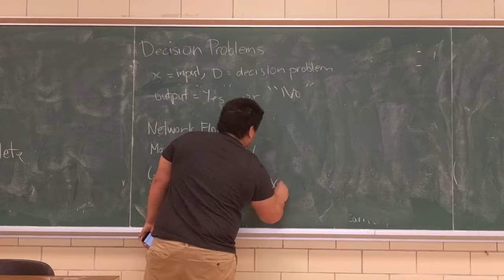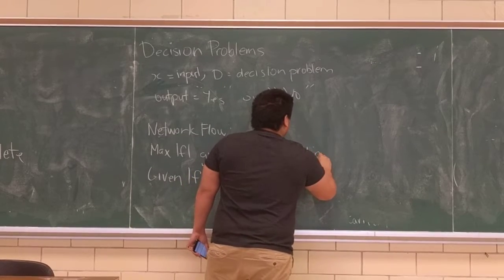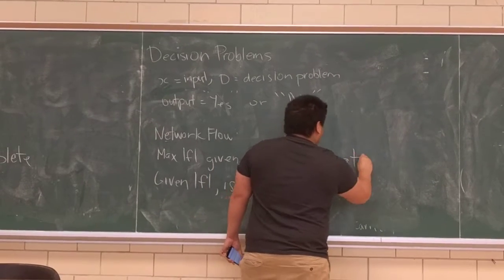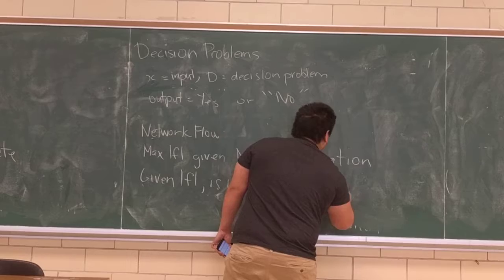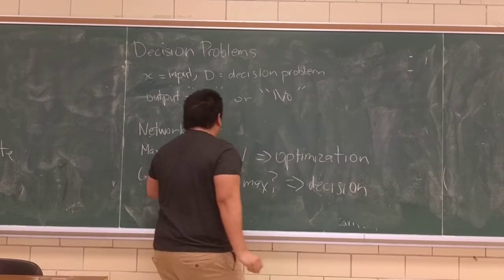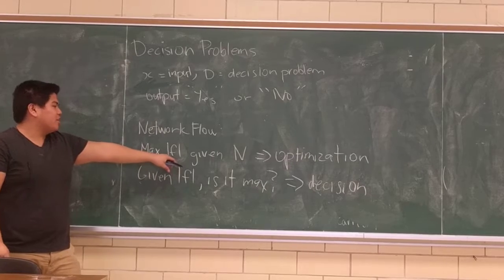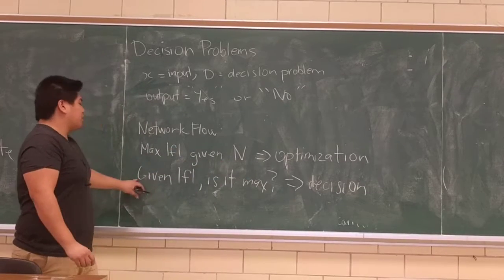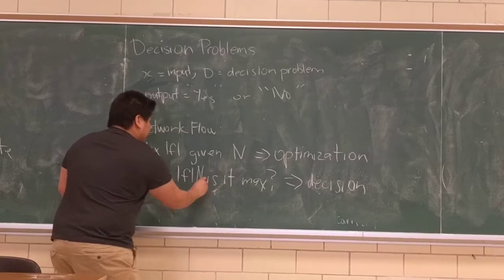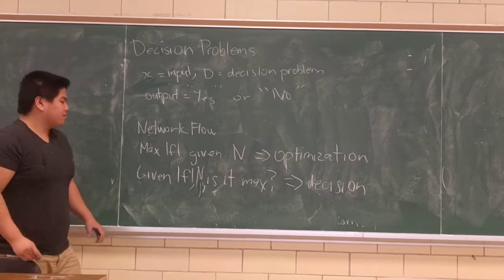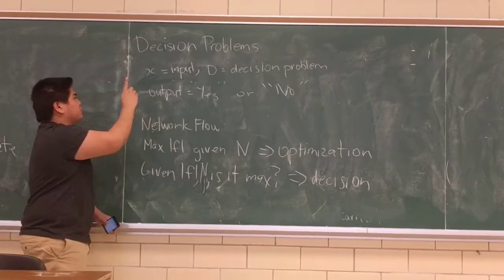That's optimization. That is decision. So we took the same optimization problem, where we want to find the max flow f given the network. So given f and N, is f a max flow? So that's how we convert optimization problems into decision problems.